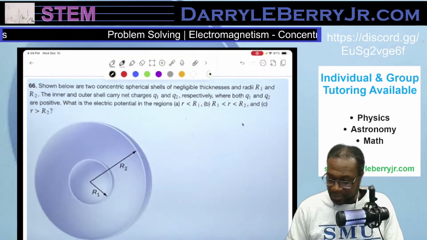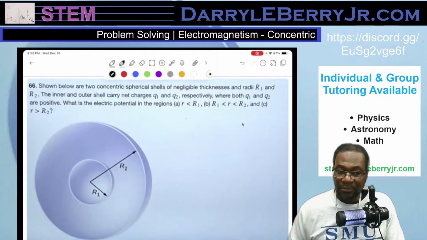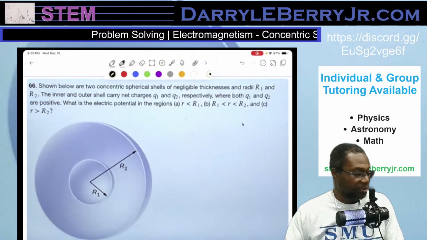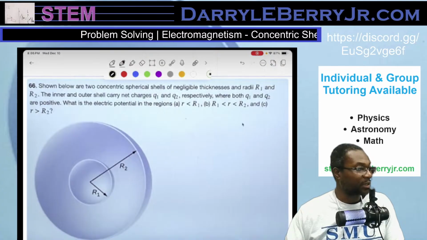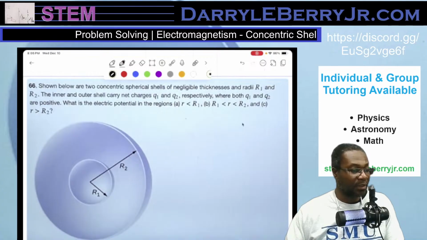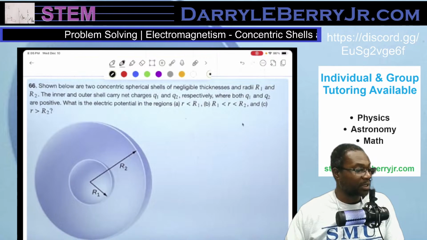So what I'll do here is actually get the electric field and then get the electric potential. And this problem is set up slightly differently than the way we did it in class. A similar problem, but it's not much different. So I'll see if I can work it out.